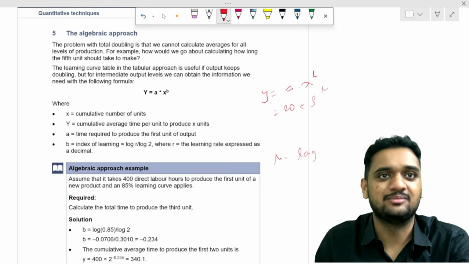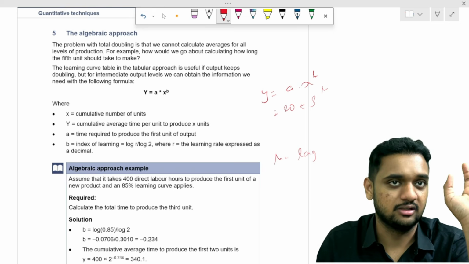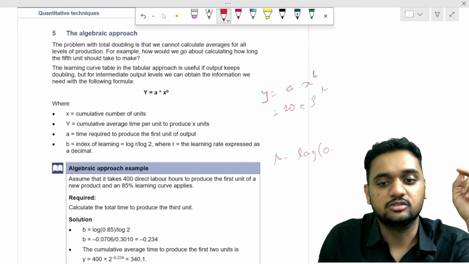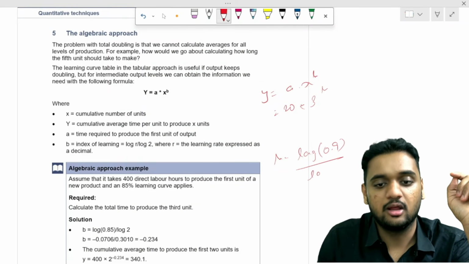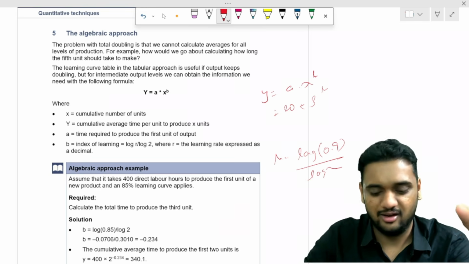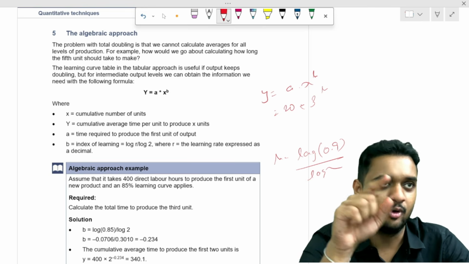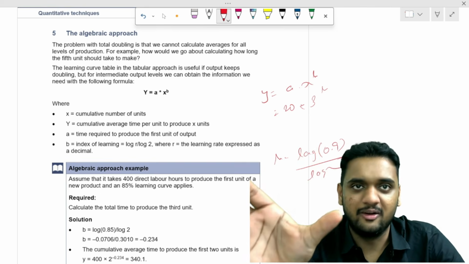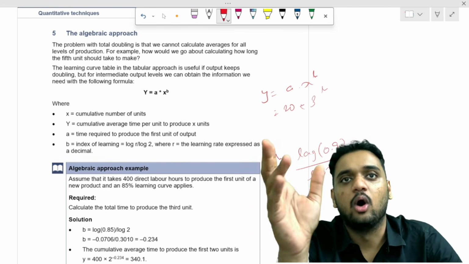Suppose in the exam they give the learning curve as 90%. Then we have to take log 0.9 divided by log 2. Go to Excel and put is equal to log 0.9 divided by log 2. Divided by log 2 will remain the same, whatever learning curve they give.